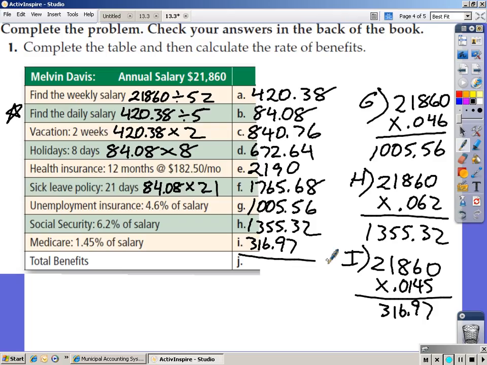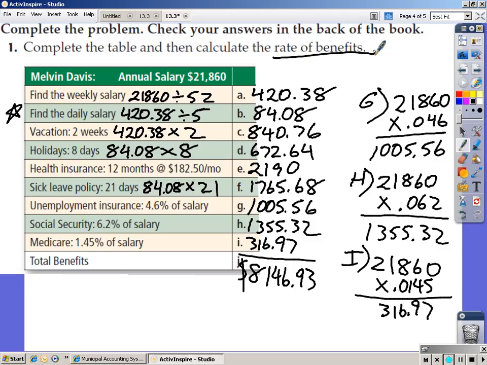Part J simply says, what are the total benefits? Add all these, A through I, up for the total benefits. When you add those up, you get 8,146.93. Total benefits. But the question says, complete the table and then calculate the rate of benefits. Remember your formula: rate of benefits is the total benefits divided by the annual gross pay.